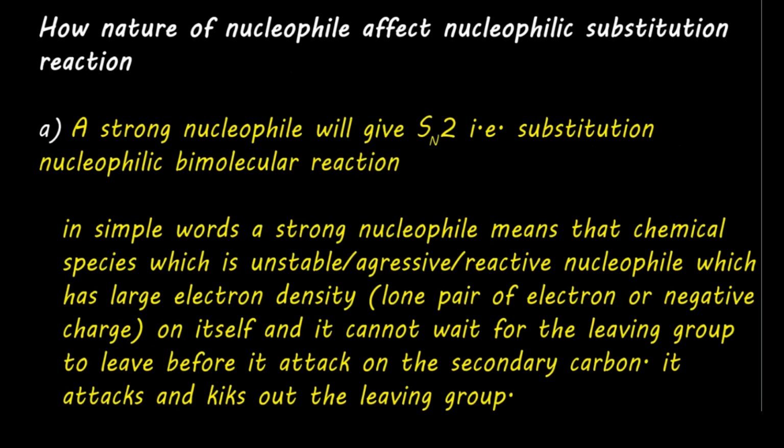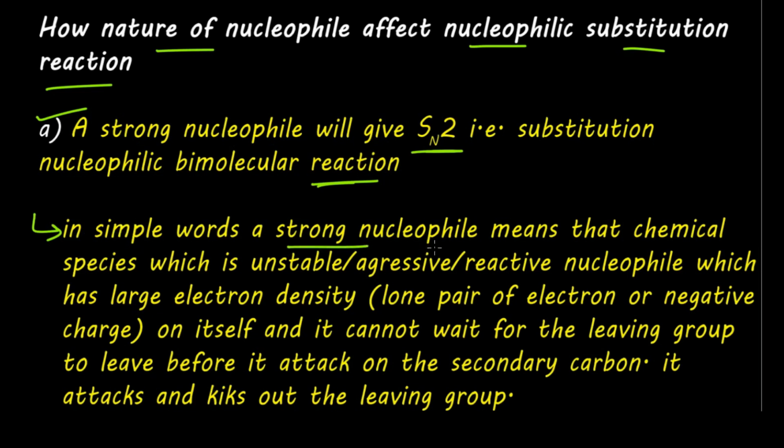Now the first one is, let's start with the question, how does the nature of nucleophile affect nucleophilic substitution reaction. In the first part, a strong nucleophile will give SN2 mechanism, that is substitution nucleophile bimolecular reaction. Now what it means is explained here.